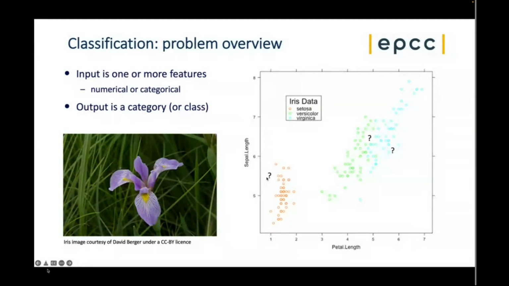So if we found a new iris and we noticed that it had a petal length of 1 and a sepal length of 5.5, it would fall here.